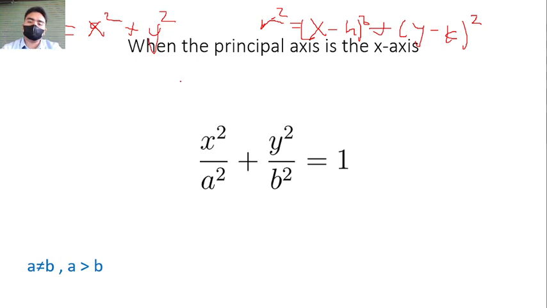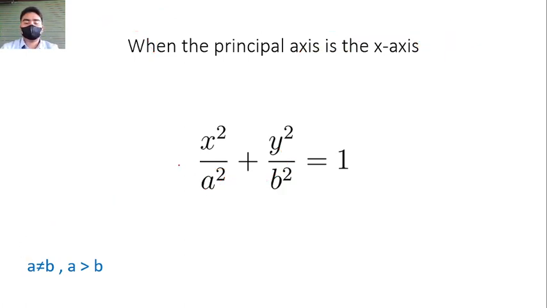So the same goes in here, except that there is a denominator. So this is the standard form for the ellipse when the principal axis is x.